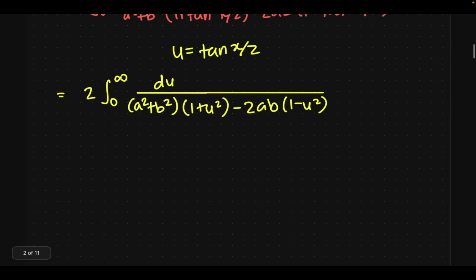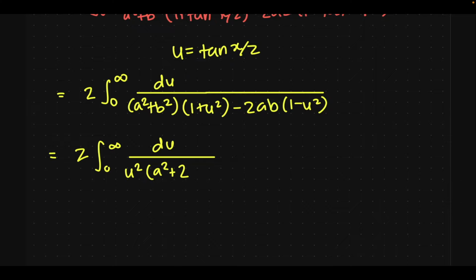Fine, we can respect that. And now we can simplify this even further. So we can group the u squared terms together: a squared plus 2ab plus b squared, plus a squared minus 2ab plus b squared.